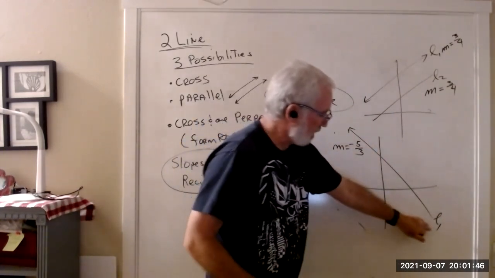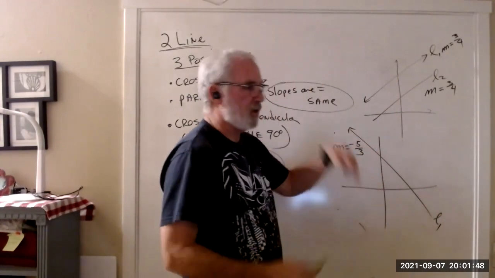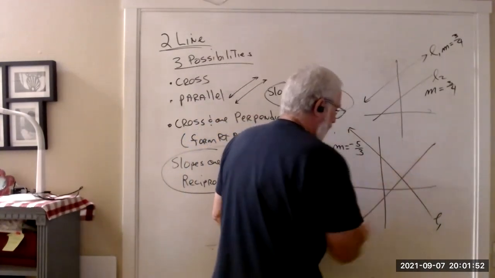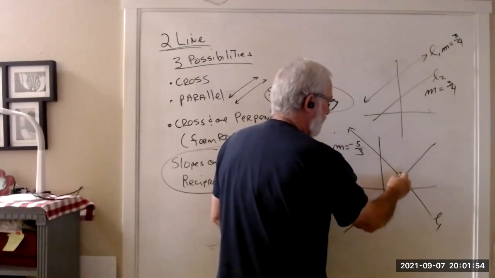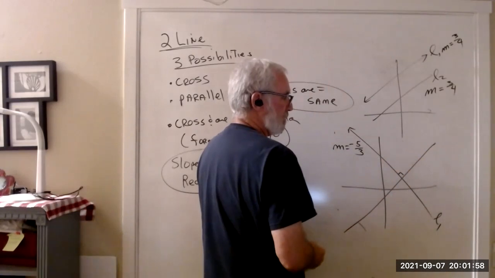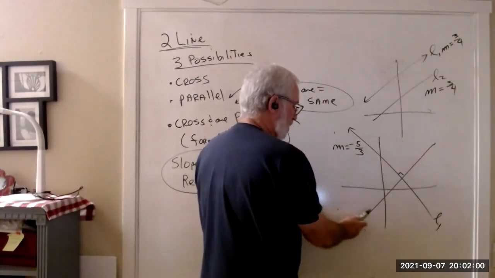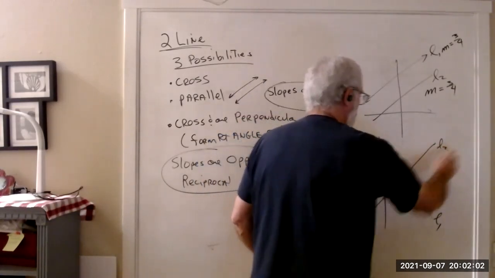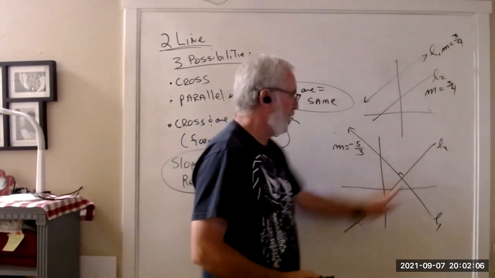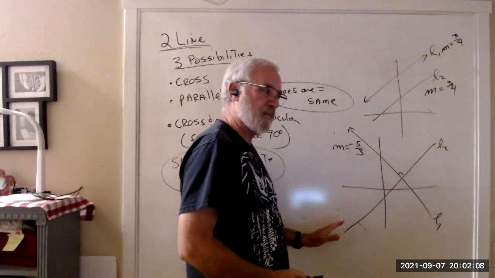Here's a line, and I'm just making this number up. I'm not trying to be fancy about it, but it's crossed by a perpendicular line somewhere. There's line 2. Then the question is, what is the slope of this line?